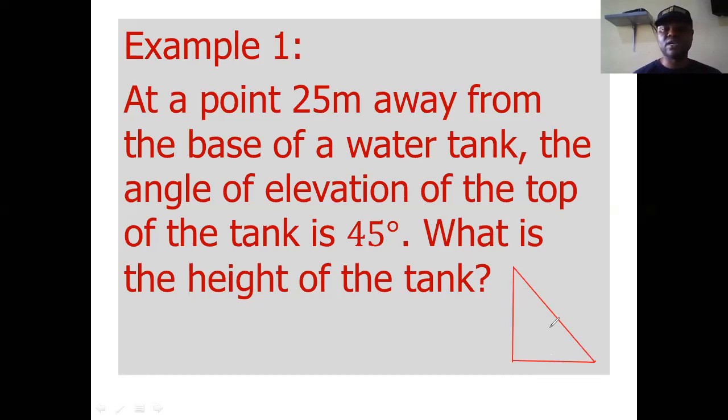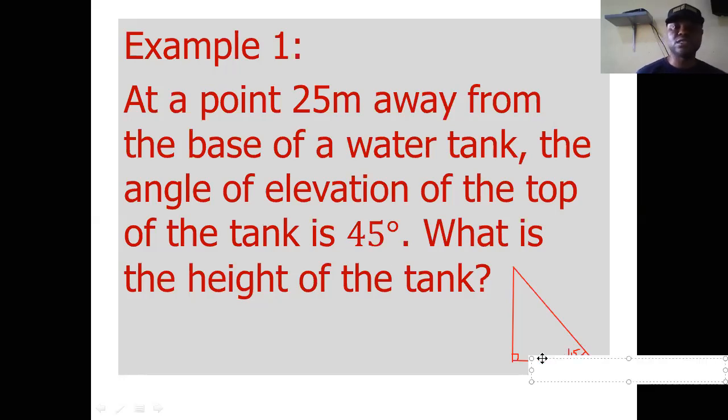So the angle of elevation like this, according to this, when this is a right angle, is 45 degrees. This is 45 degrees. Permit me to write it. 45. This is 45. And now there is a distance of the point away from the foot of the water tank, and the distance is 25 meters.